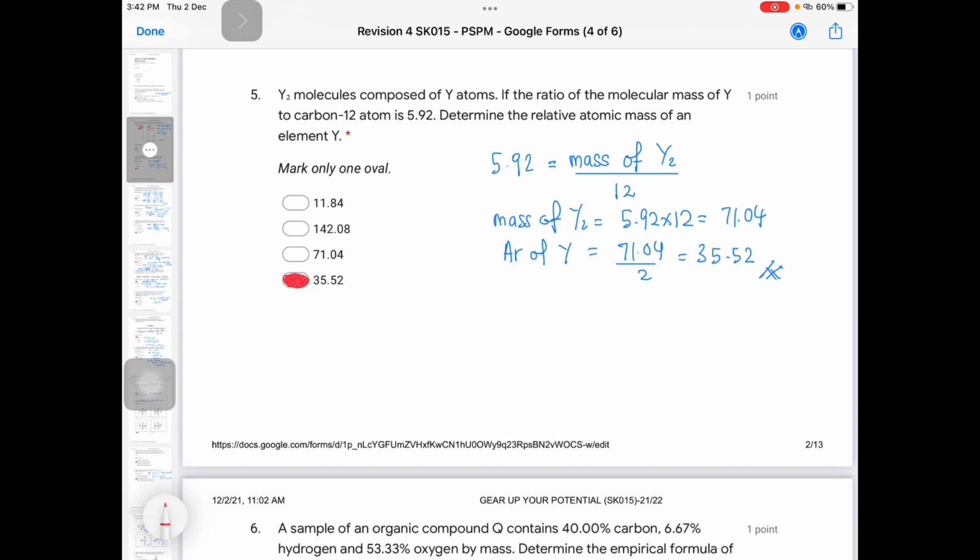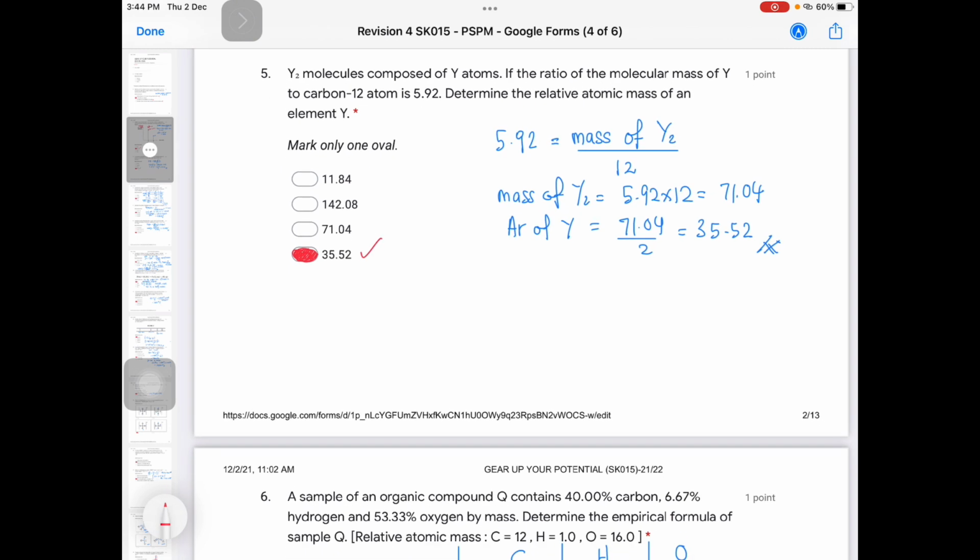Jadi 5.92 equal to mass of molecule Y over 12. So mass of Y is equal to 5.92 times 12 equal to 71.04. So for this one is the mass of molecule Y2. Jadi kalau untuk atom Y, 71.04 divided by 2 equal to 35.52. So the answer is option yang keempat.